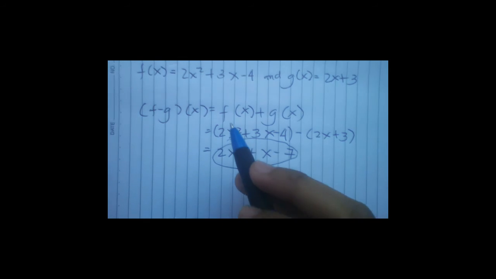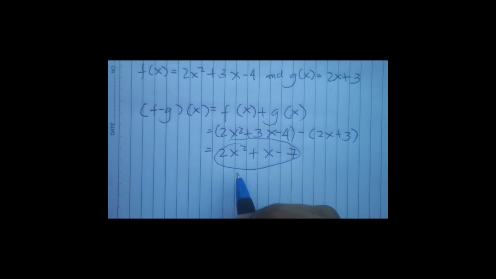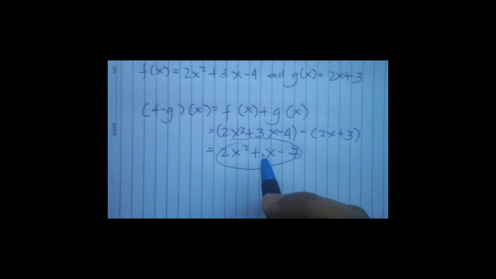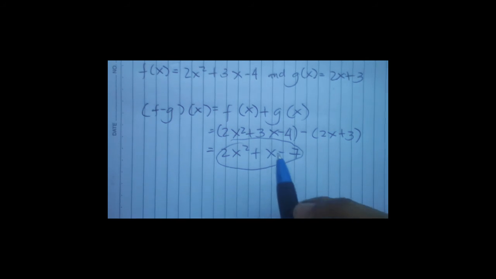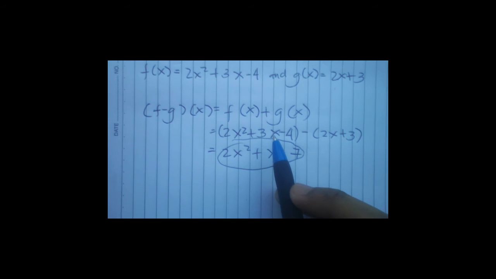Because the 2x squared is the biggest exponent, we have to place it here. And the 3x and 2x are similar terms. Because the 3x is larger, it will show x.